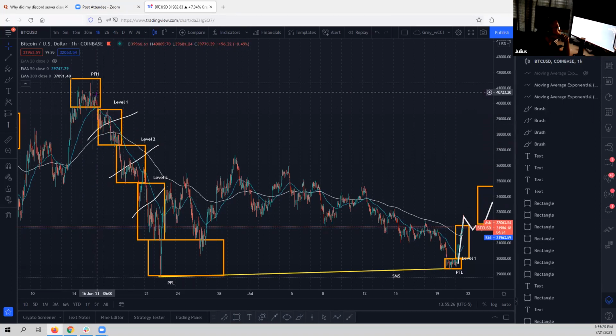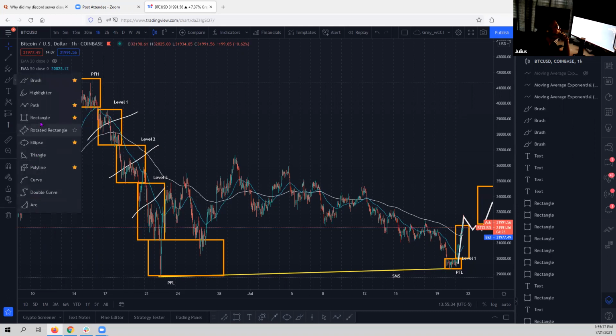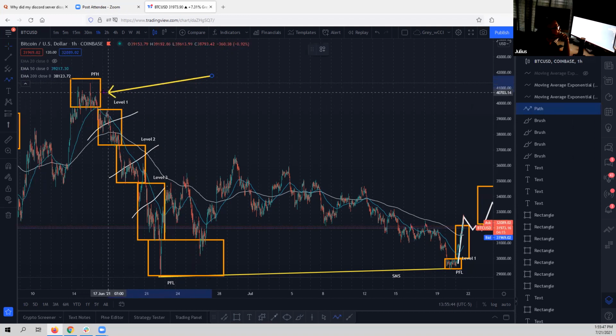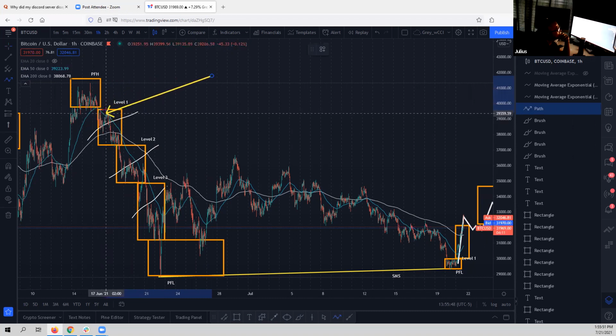So if we've only done one push like this here, all right? In fact, hold on a moment. Let me do something really quick. I'm going to grab, where's the arrow? Oh, path. That's it. Okay, once you've hit peak formation, level 1, push down, right?